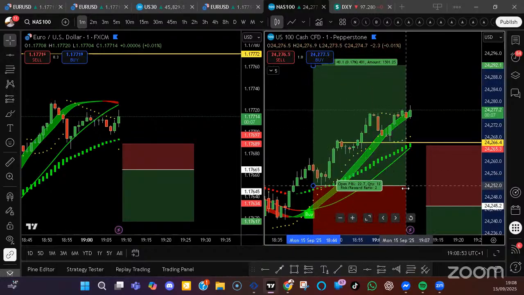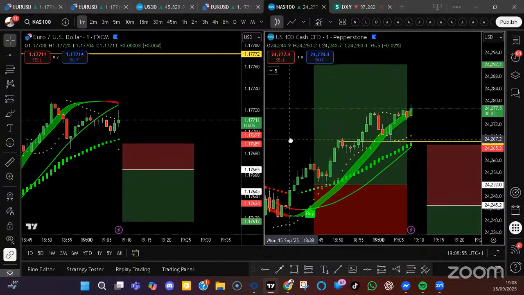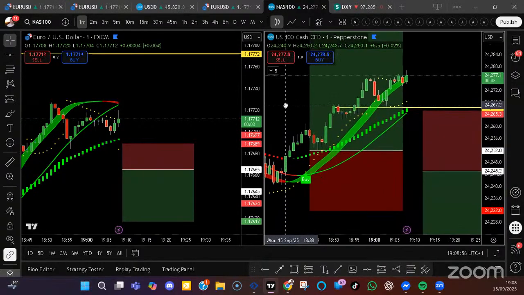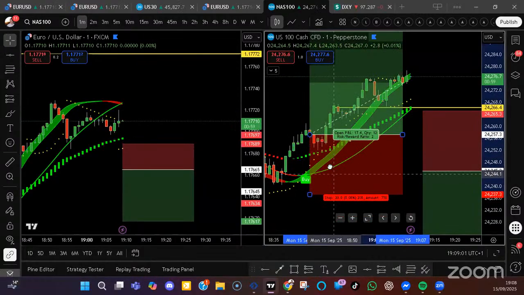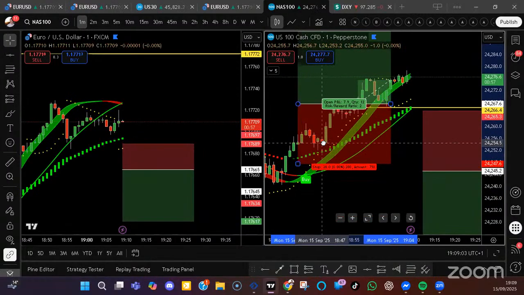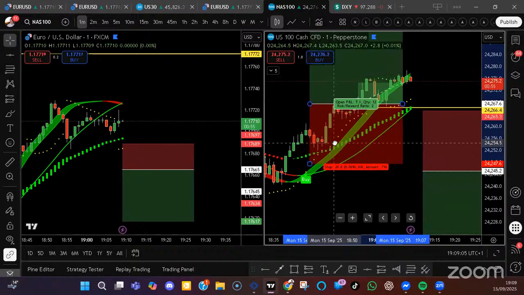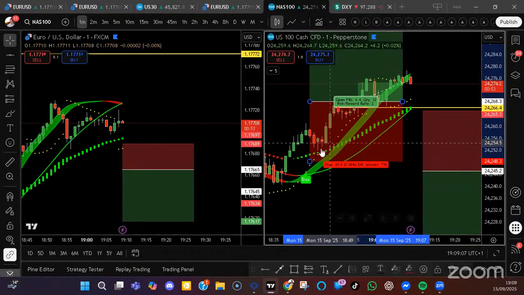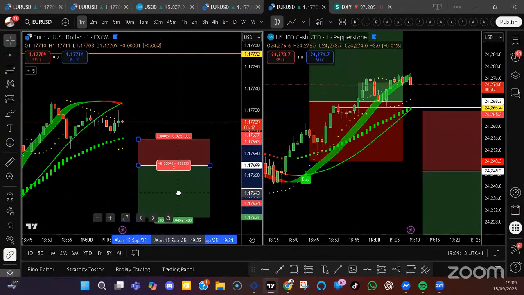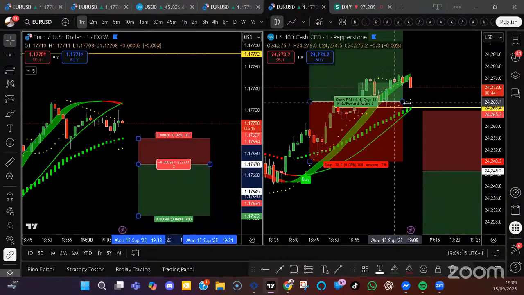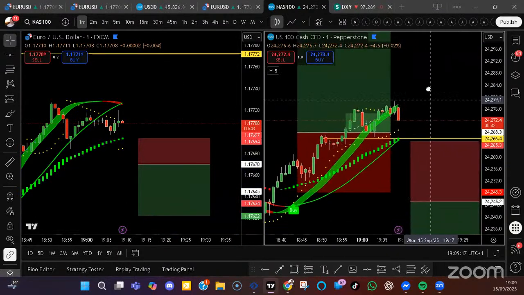And like I say, we've only got just over 1% at the moment. There we go. Wouldn't be taking a buy because you're in the sell zone there, and you've got all that to go yet.